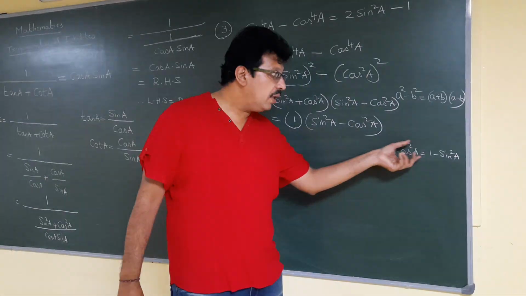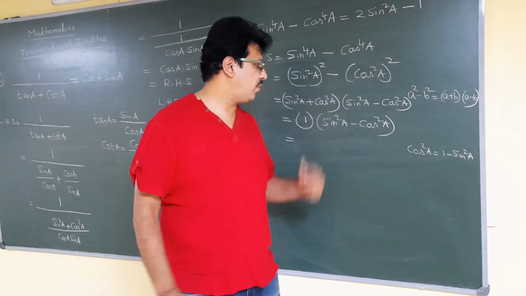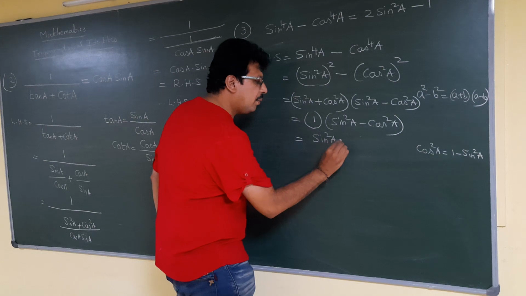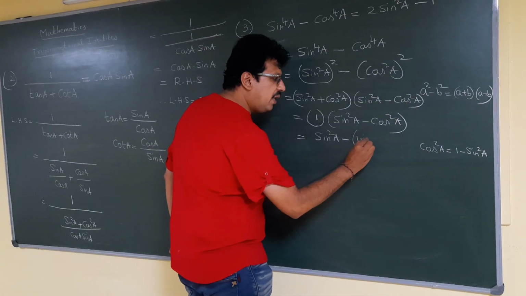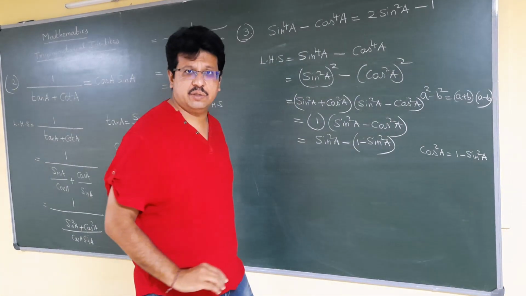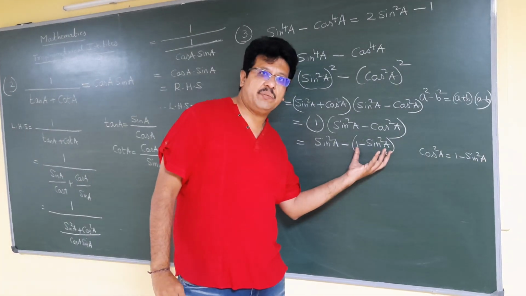We have to substitute here in the place of cos square A. Sin square A we'll write as it is, minus, in the place of cos square A we'll write 1 minus sin square A. That's a very important step, children.